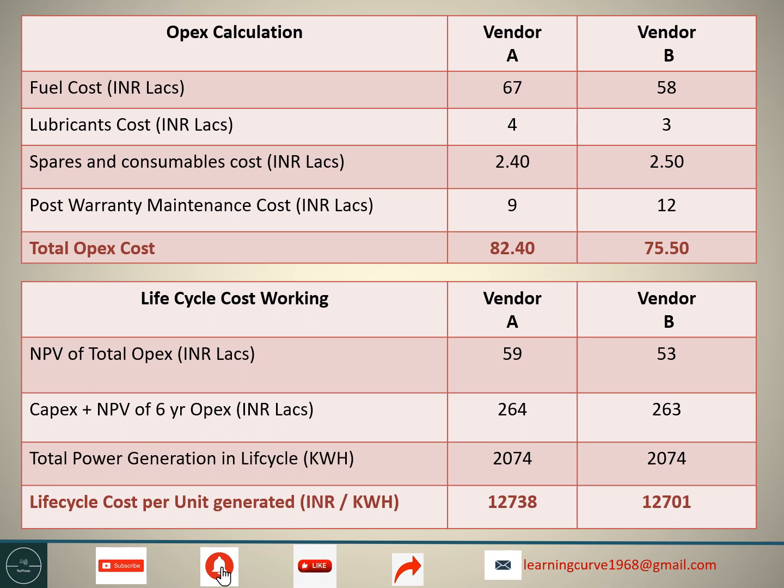So here we will add up NPV of 6 years OPEX. Now life cycle cost per unit generated, that is the decision making point, is equal to CAPEX plus NPV of 6 years OPEX divided by total power generation in life cycle.